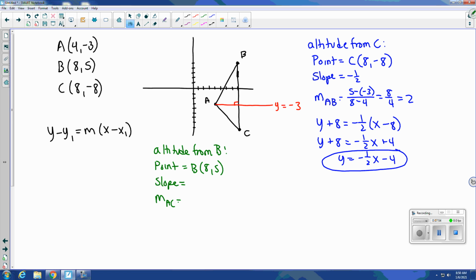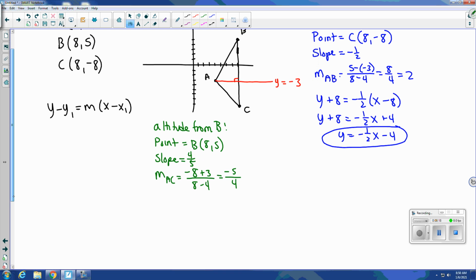So change in y is going to be negative 8 minus a negative 3, so plus 3, over 8 minus 4. And we're going to get negative 5 over 4, so the slope of the perpendicular line would be positive 4/5. So now we have the information we need to write the equation of this altitude.